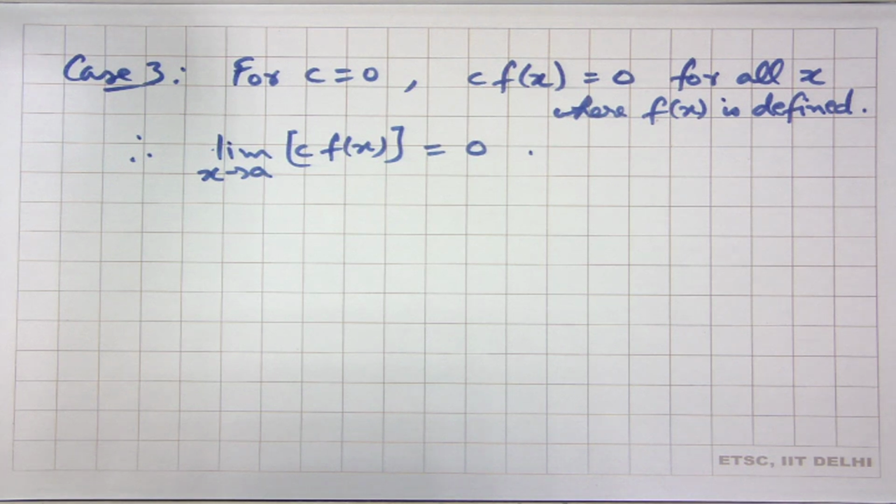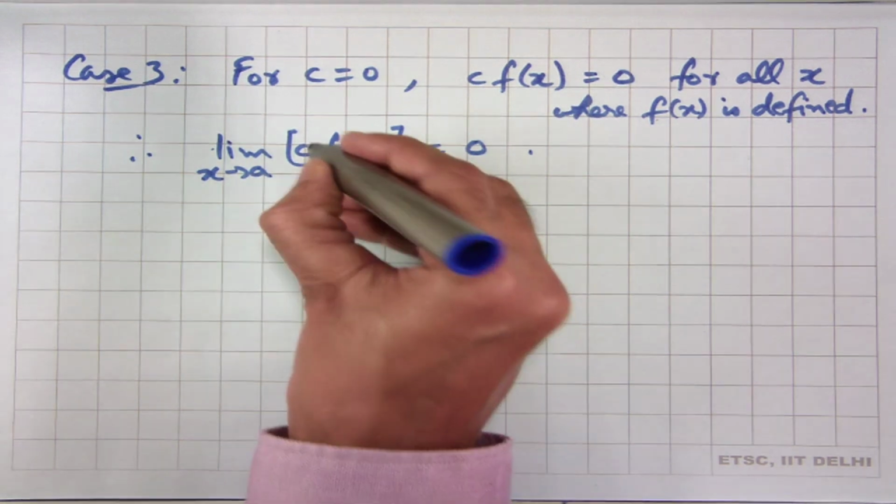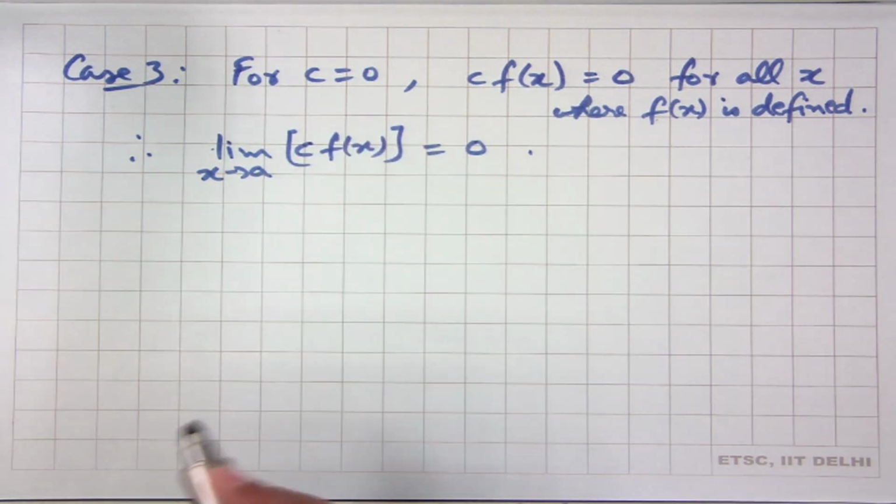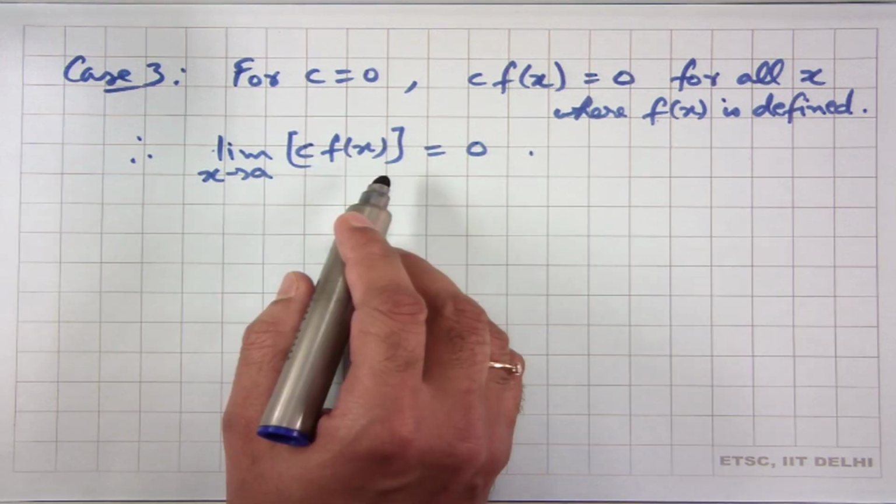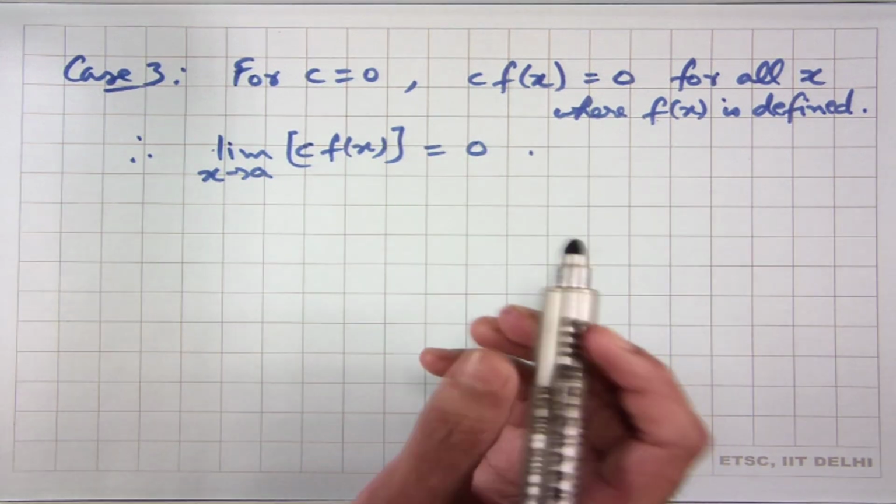Right. So, here you have to just be careful whether the constant is positive or negative to say whether the limit will go to positive infinity or negative infinity.